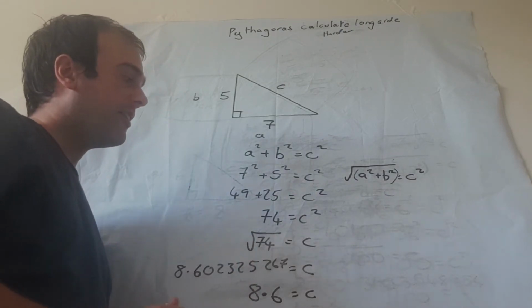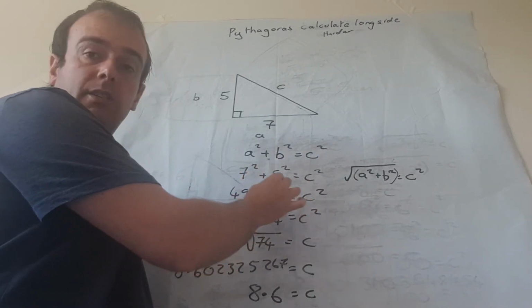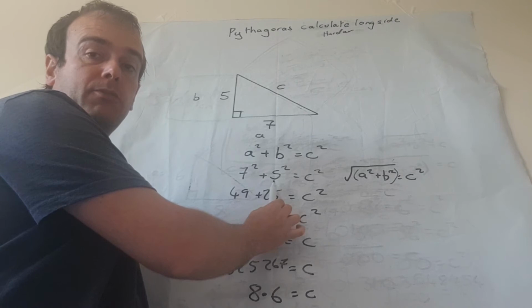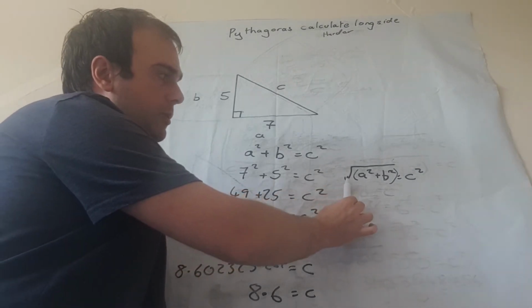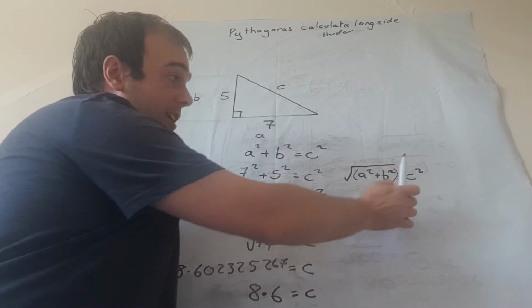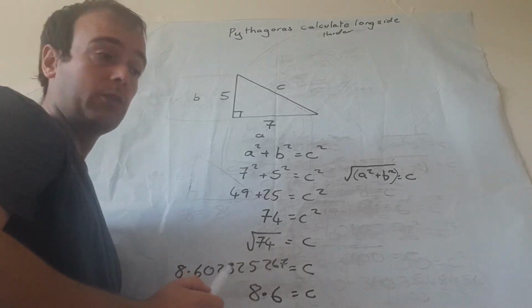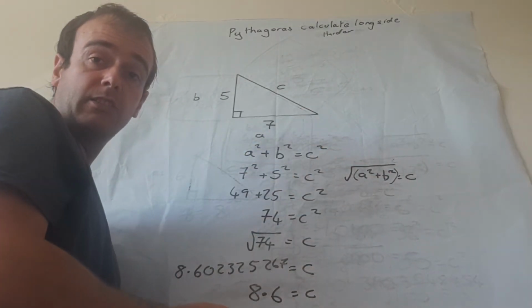So instead of typing 7 squared plus 5 squared, you would type square root, brackets, 7 squared plus 5 squared, close your brackets, equals, and that straight away will give you what C is equal to.